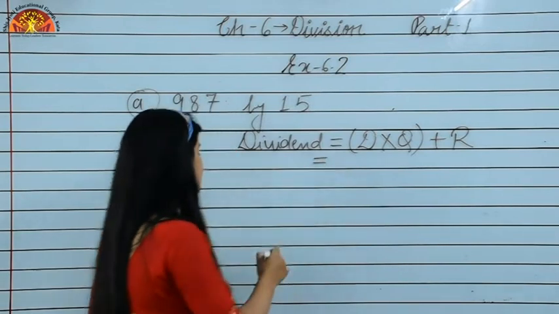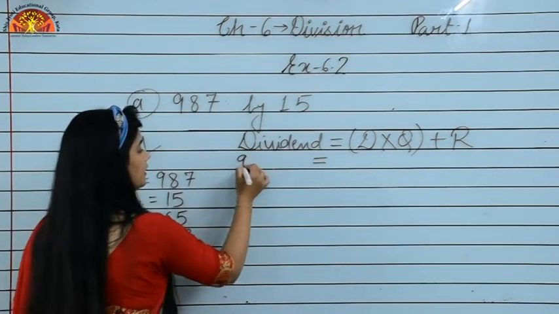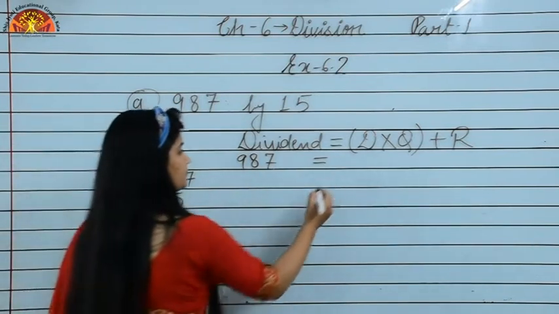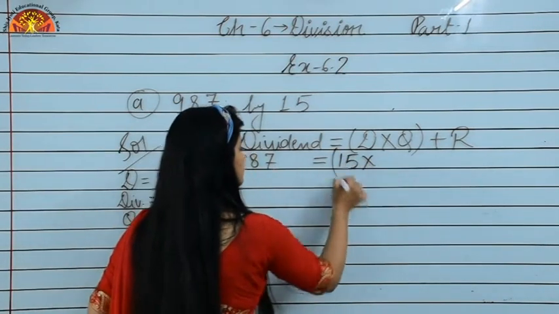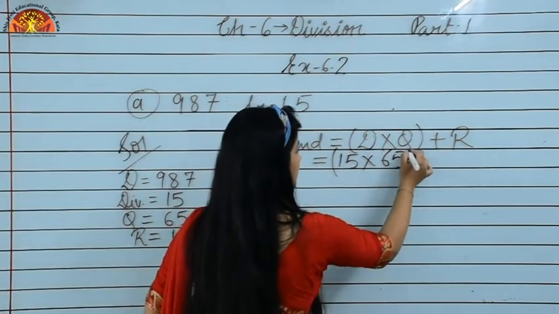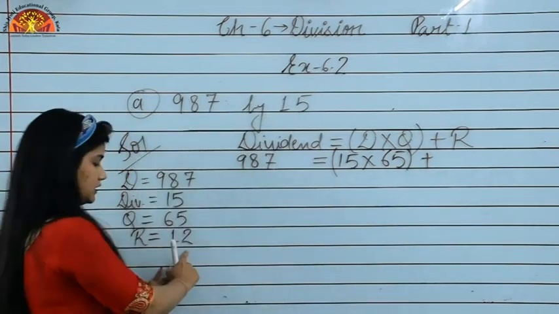So yes students, dividend is equal to 987 and divisor is 15 and the quotient is 65 and remainder is 12.